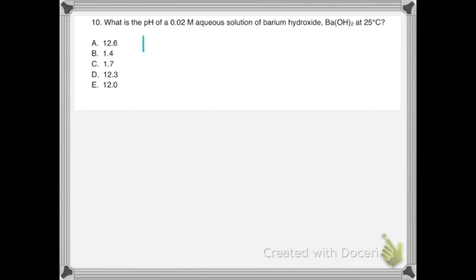And we'll have barium hydroxide, big arrow, becoming Ba2+, and 2 OH-.